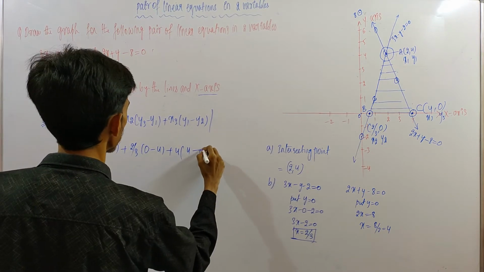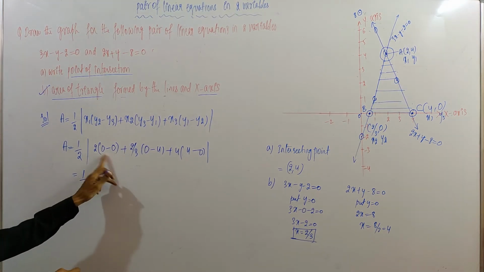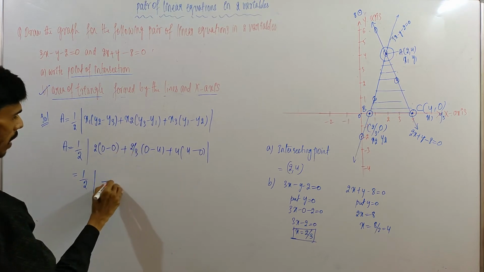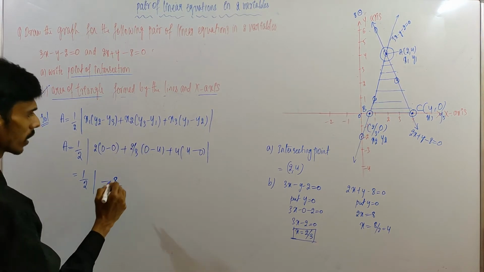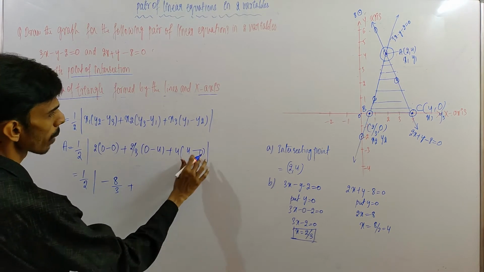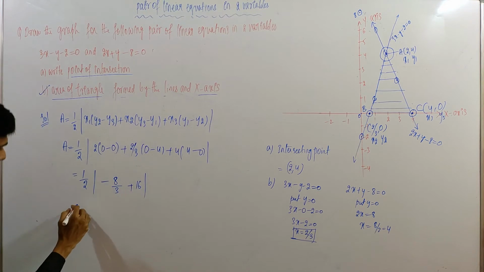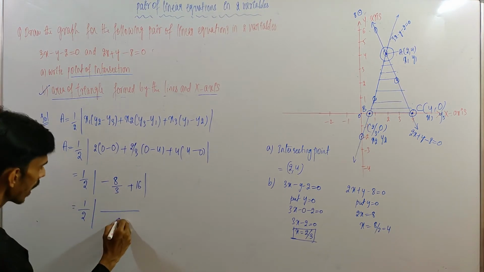y2 value is 0. So we have 1 by 2 mod 0 into 2 is 0. Now we have plus into minus, we have a minus sign. 2 into 4 is 8, 8 by 3, plus 4 minus 0 is 4, 4 into 4 we have 16, under mod. So we have 1 by 2. Take the LCM here, we have 3.